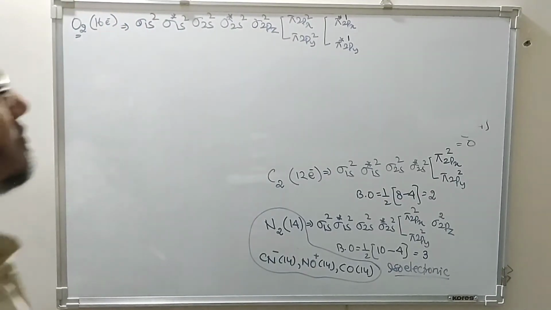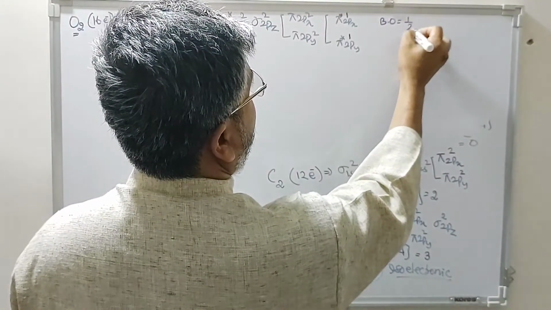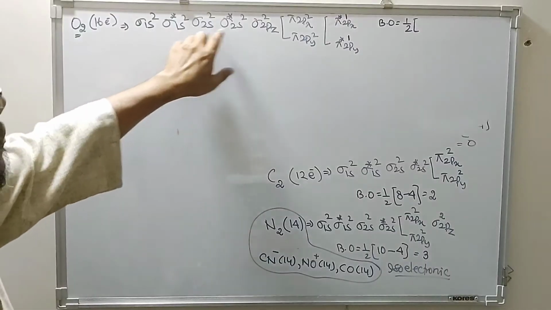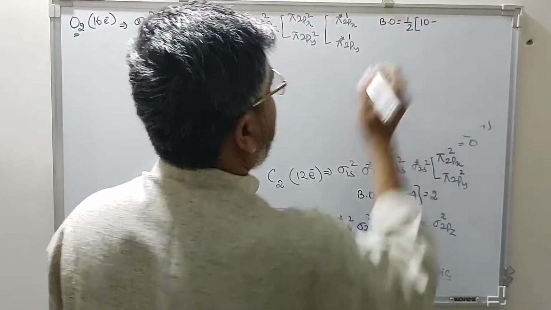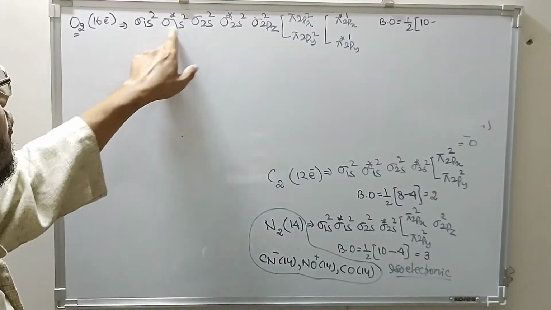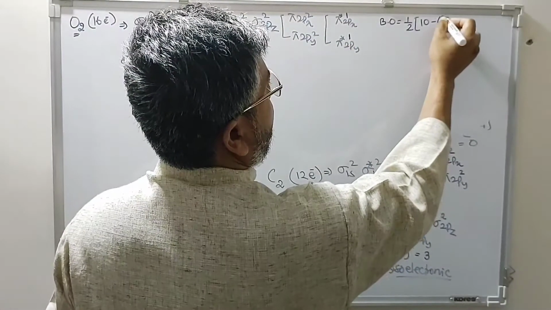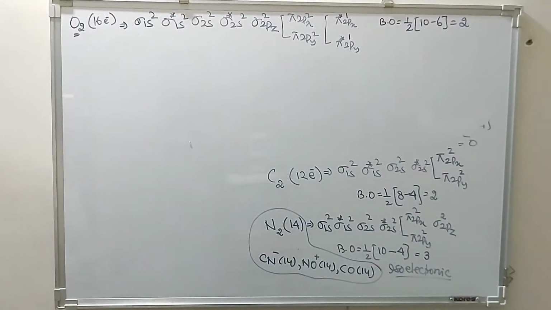Now let's find out the bond order. How? Number of electrons in bonding: 2, 4, 6, 8, 10. Number of electrons in anti-bonding: 2, 4, 5, 6. So oxygen to oxygen, this is a double bond.